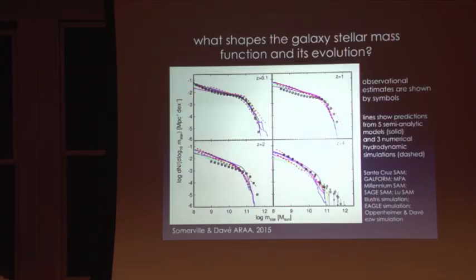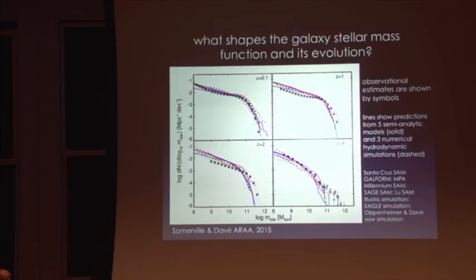Okay, so this plot is from a review article that I recently completed with my wonderful collaborator and co-author, Romeel Dave. It will appear in volume 53 of Annual Reviews of Astronomy and Astrophysics, and I'd be happy to share it with anyone who's interested.